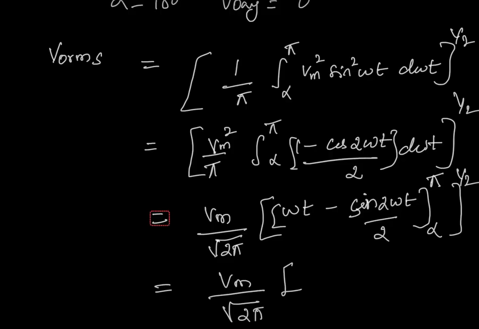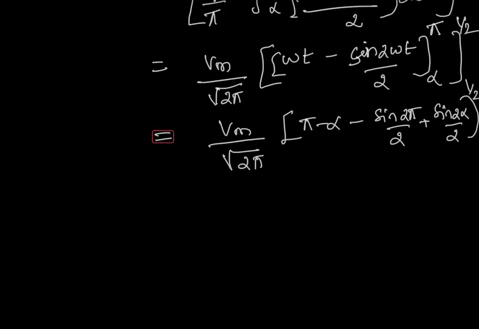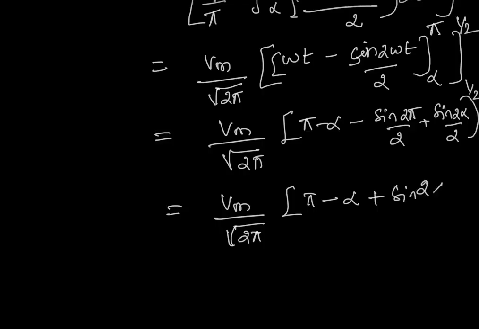After substituting the limits, we will get (pi minus alpha minus sin 2 pi by 2 plus sin 2 alpha by 2) to the power 1 by 2. So this will be equal to Vm by root of 2 pi (pi minus alpha plus sin 2 alpha by 2) whole to the power 1 by 2, because sin 2 pi is 0, so that term will not appear here.